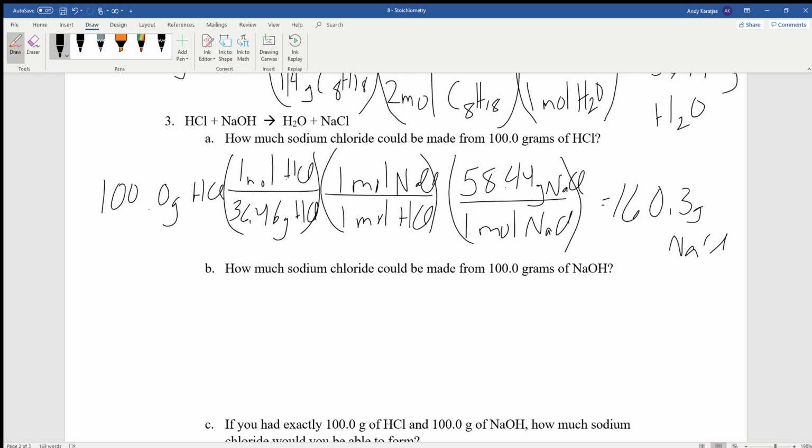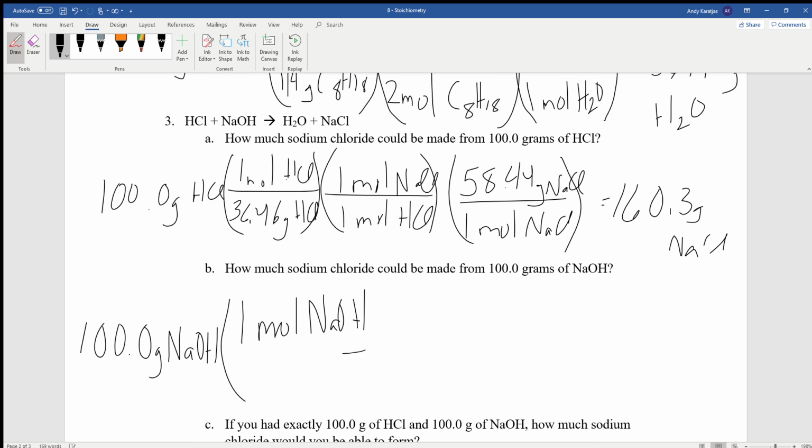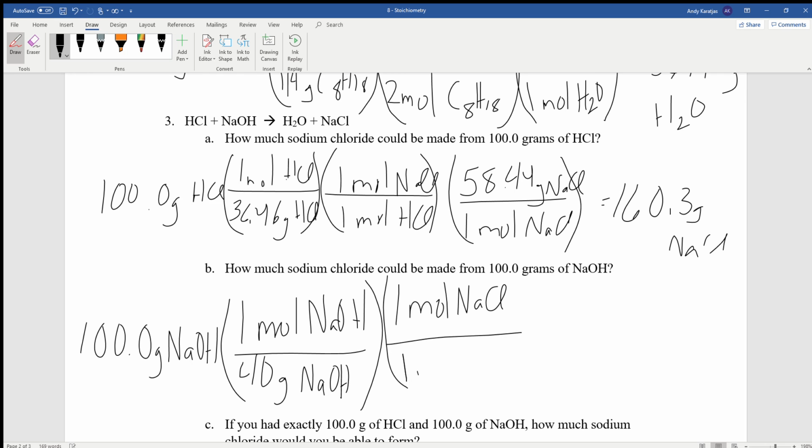Now we do the same thing for sodium hydroxide. The primary thing that changes here is that sodium hydroxide has a different mass from hydrochloric acid. The other thing that changes is the denominator here is moles of sodium hydroxide instead of moles of HCl.